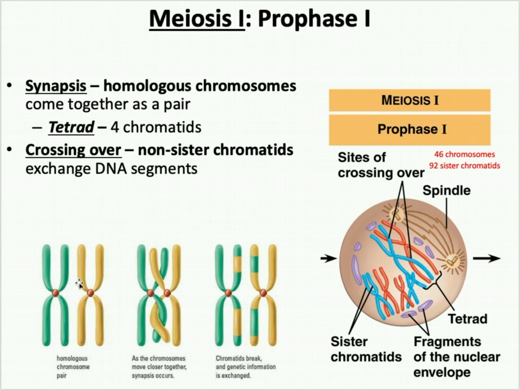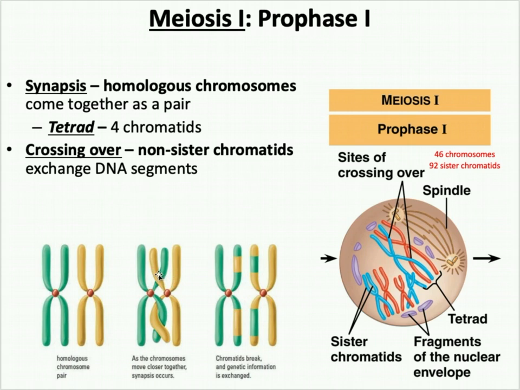So here, what happens in prophase 1, the homologous chromosomes will find each other and start to pair up. This one can be from mom, this one can be from dad, okay? So they come together and form what's called a synapsis. To synapse means to touch, to form a junction.